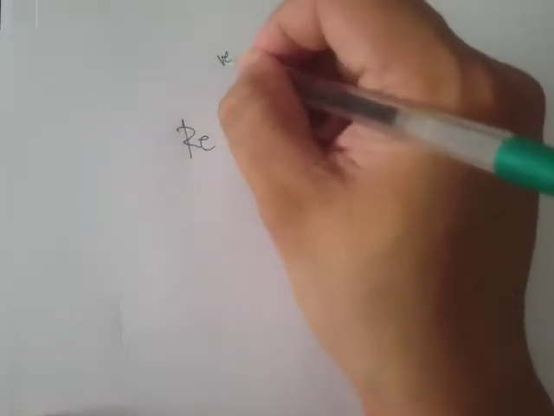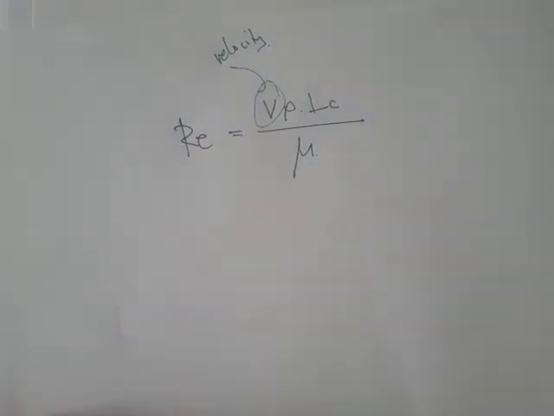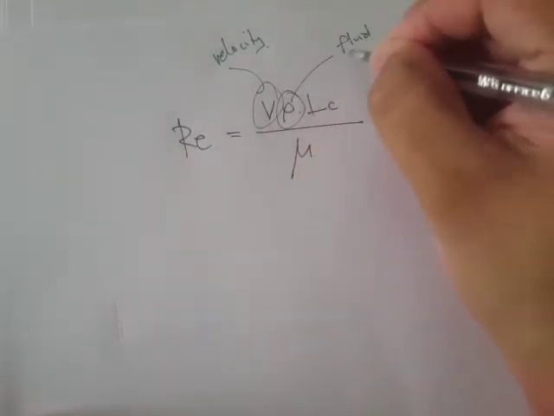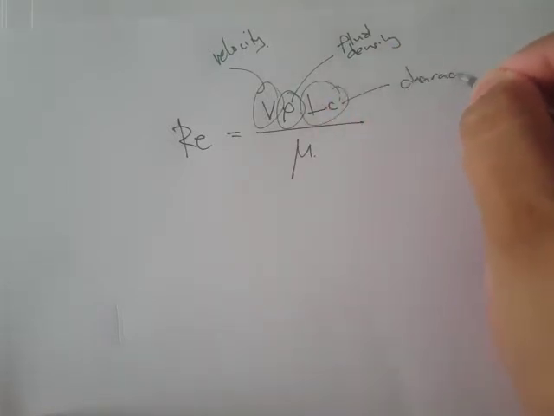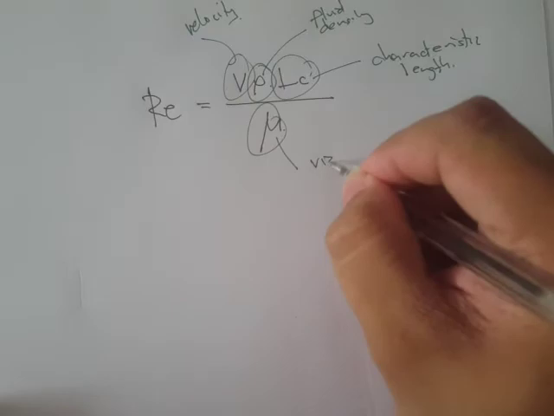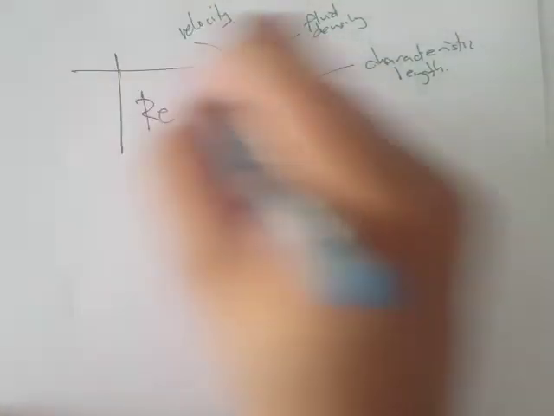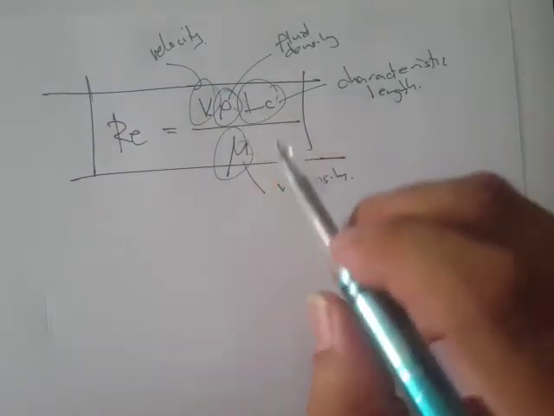This one is the velocity, this one is the fluid density, this one is the characteristic length, and this one is the viscosity of the fluid. So it's a dimensionless number.